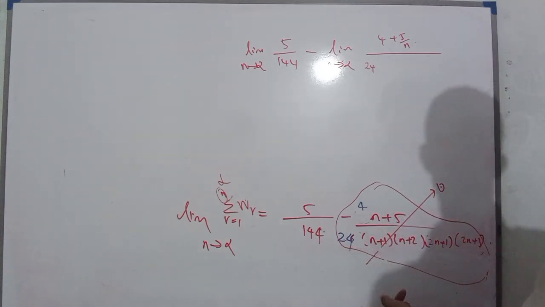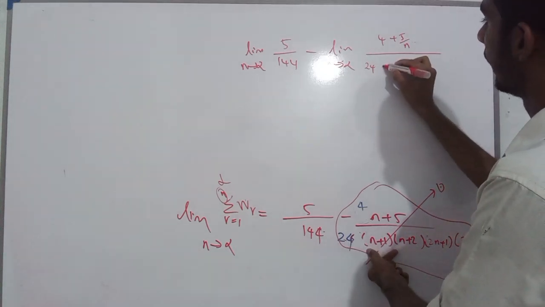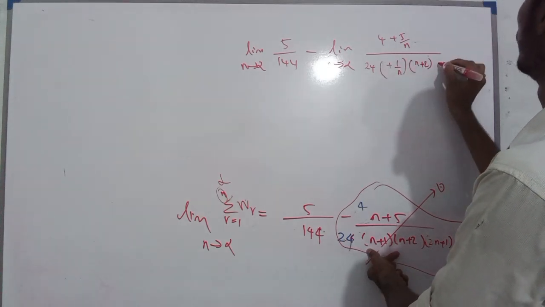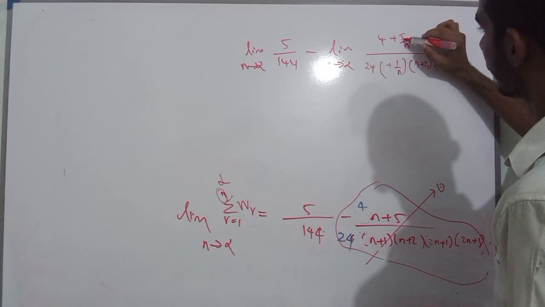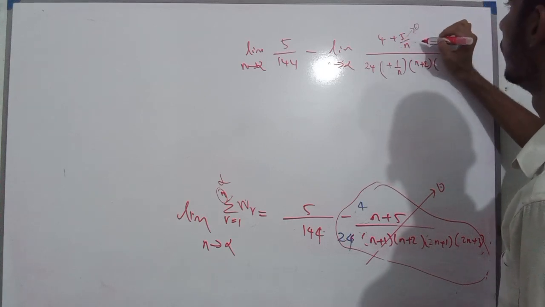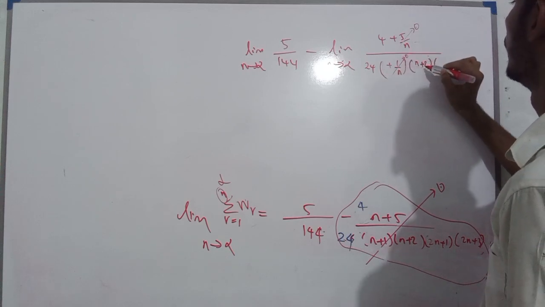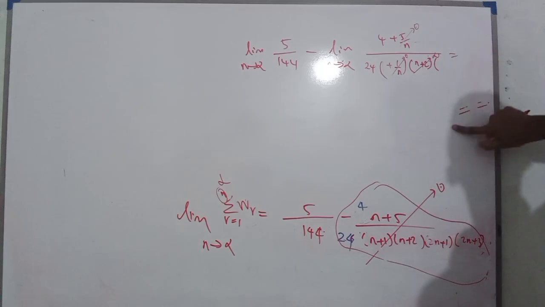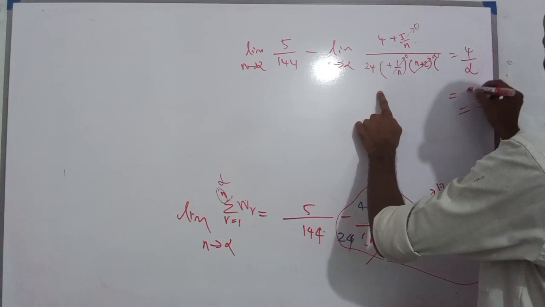Now I will take only one factor of the denominator, 1 plus 1 by n, into (n plus 2) and so on. Now this has become 0, but here this is infinity. Infinity times infinity is also infinity. Now 4 divided by infinity is equal to 0.